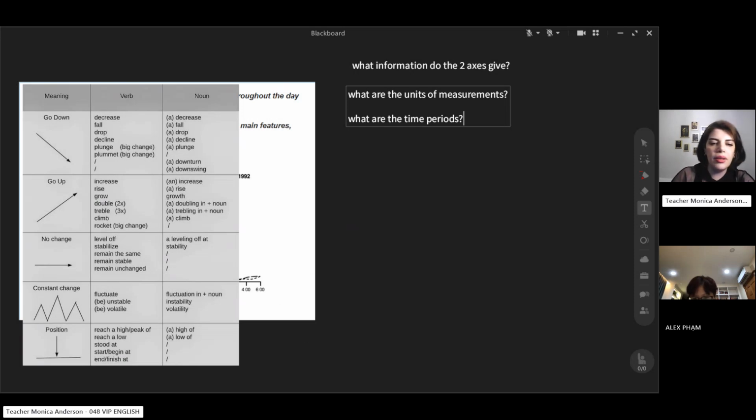And what can you learn from the title and any labels? And after that, which is really important: what is the most obvious trend?